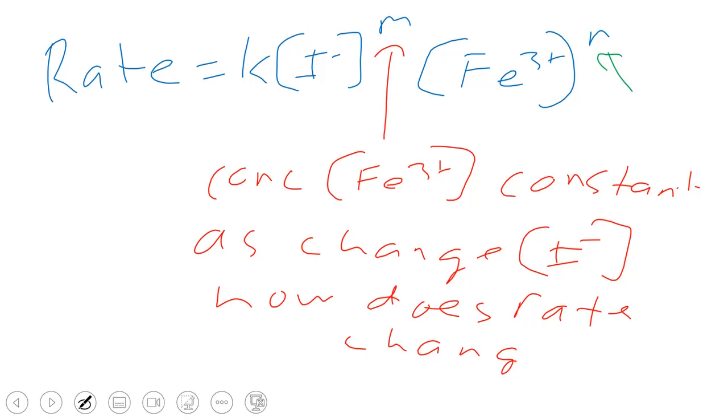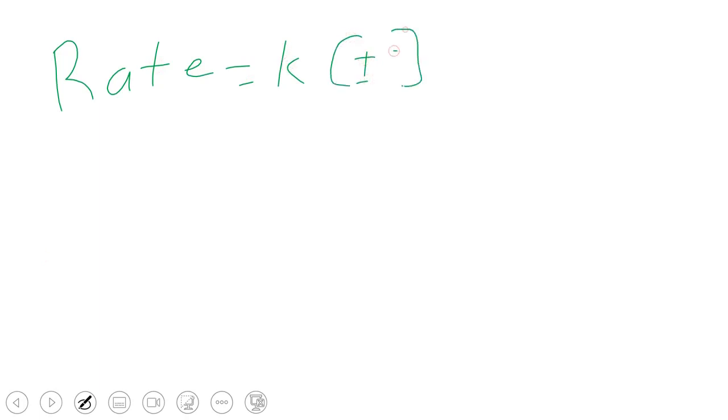In step 3, you're going to write out your rate law. Then question 4 asks you to calculate a value for k. Your rate is equal to k times I- to the m times Fe3+ raised to the n.